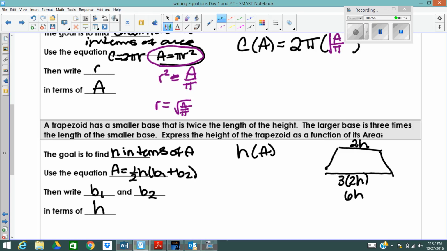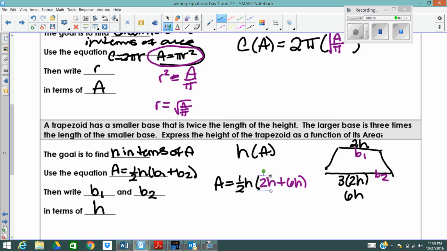Express the height of a trapezoid as a function of its area. So now I'm going to take my area equation and I'm going to substitute out B1, B2, substitute in 2h and 6h because this is our B1 and this is our B2, the two bases of our trapezoid.